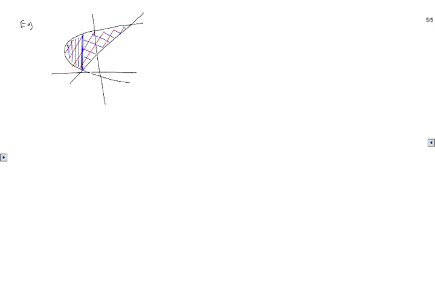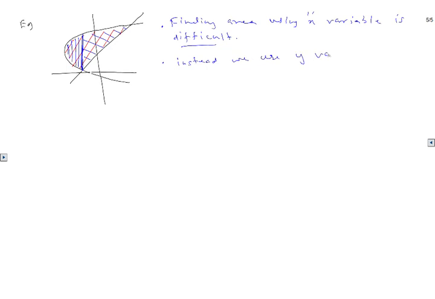So finding area using the x variable is difficult. So what are you going to do? Instead, we use the y variable.